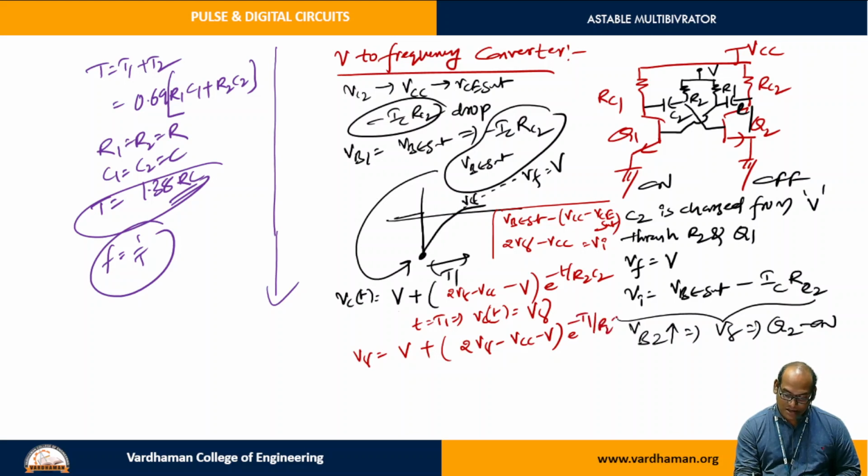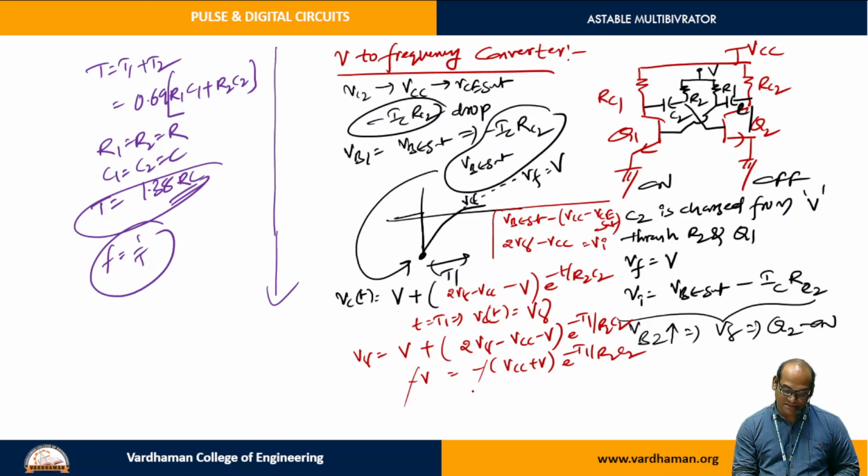If you neglect V gamma in comparison with the other voltages, then what can we write here? Minus V equals, 2 times V gamma is also neglected, so minus of (VCC plus V) e power minus T1 by R2C2.